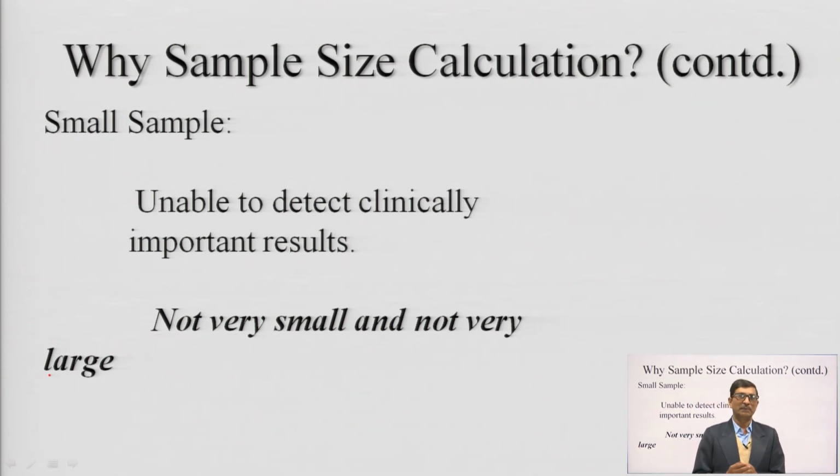So, there is a problem. If we have a large sample, it requires more cost, more time and more investigators, and if we take small samples, some characteristics may be absent and the results are not good. The sample should be not very small and not very large.